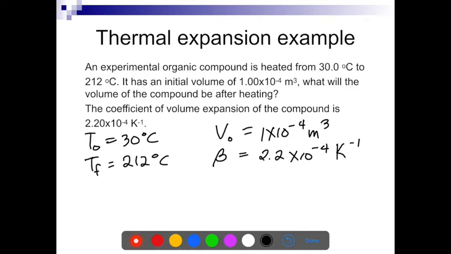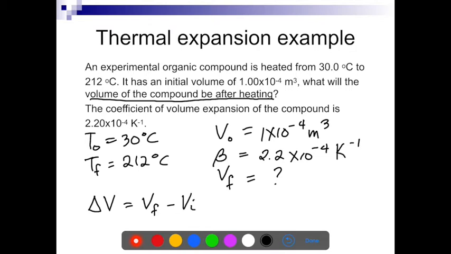What we are being asked to find is the volume of the compound after being heated. That means we need to find the final volume. We know that the change in volume delta V is defined as the final volume minus the initial volume.